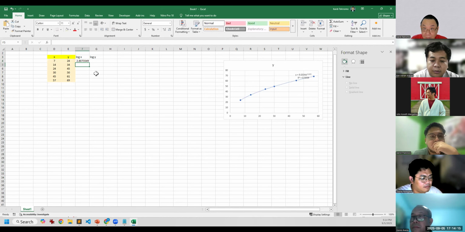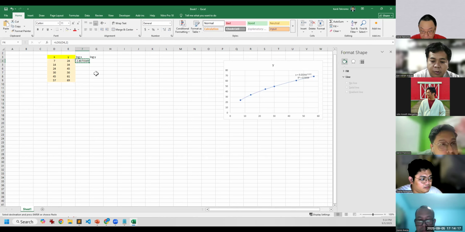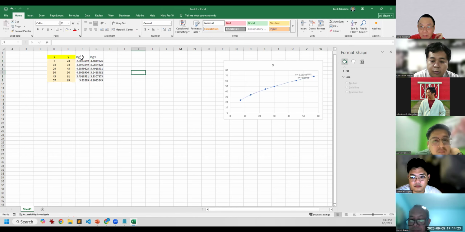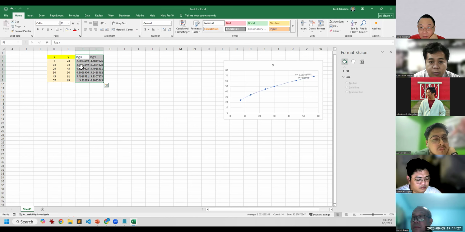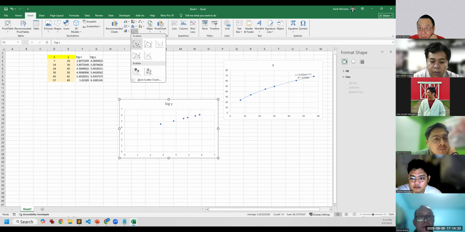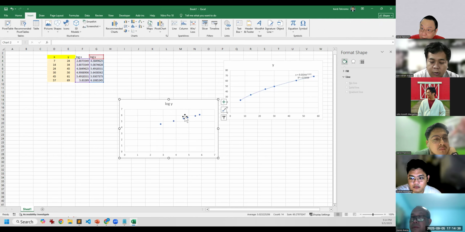Then I copy this to all. And now if you plot this, log x and log y, this will become exactly linear.